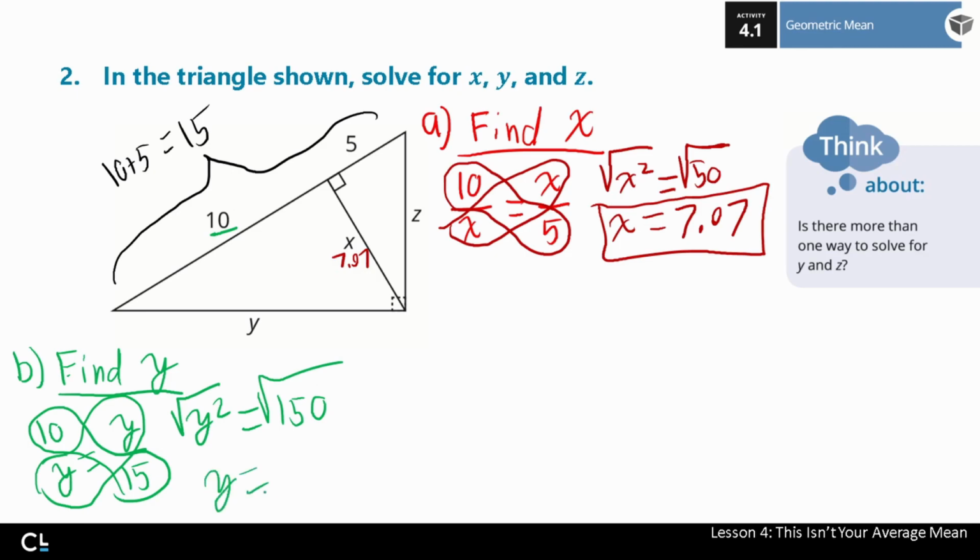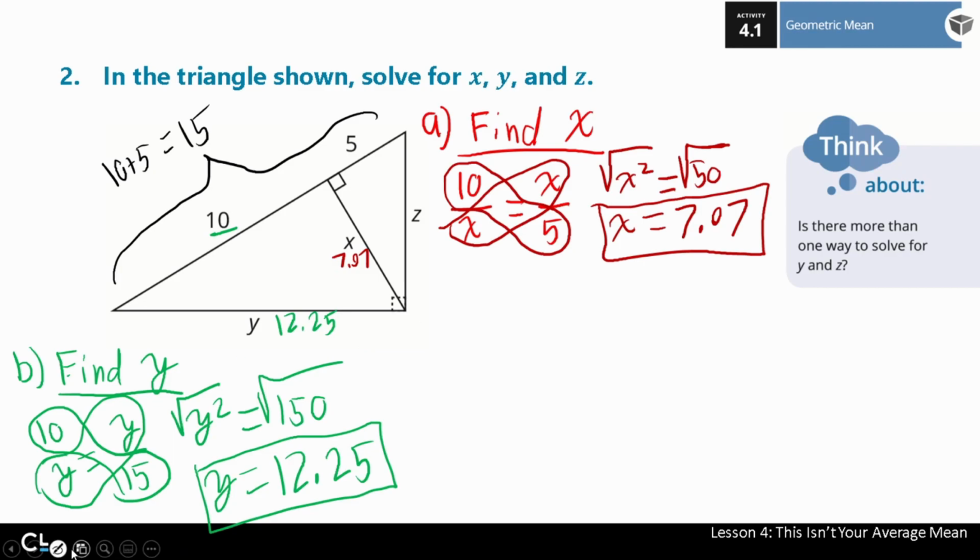So we get 150, and we take the square root of it. That's going to give me 12, and once again, rounding to the second decimal place, so we get 12.25. All right, so that's our second answer here, 12.25.